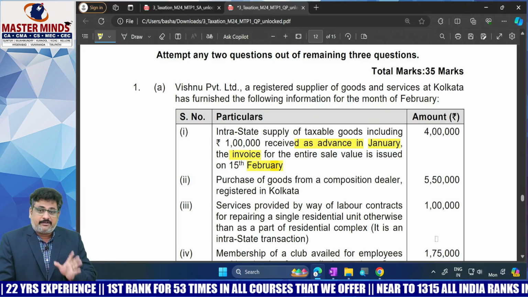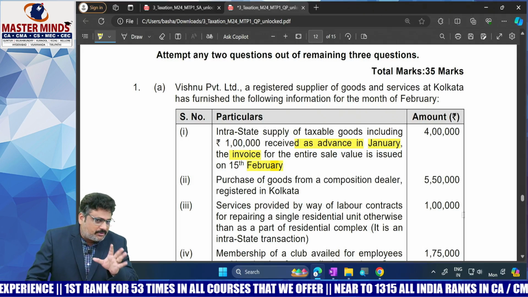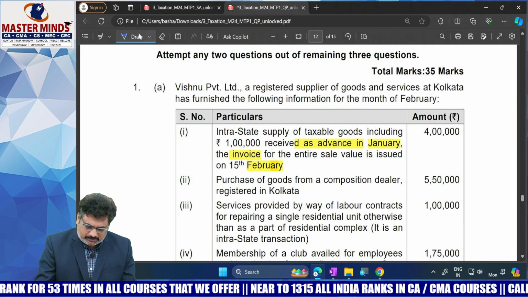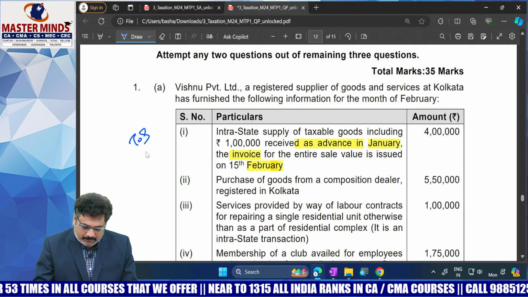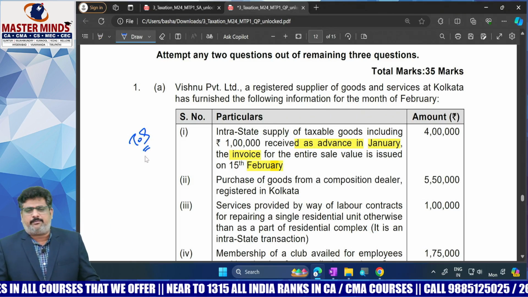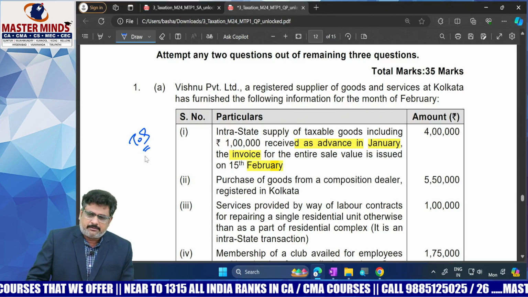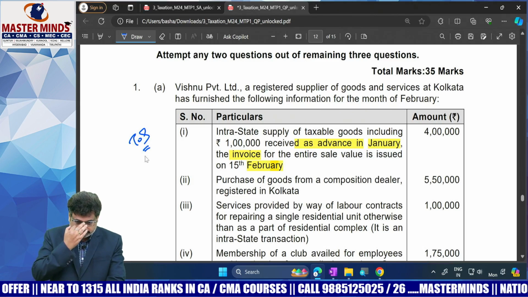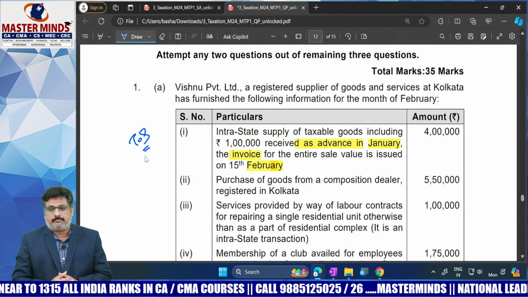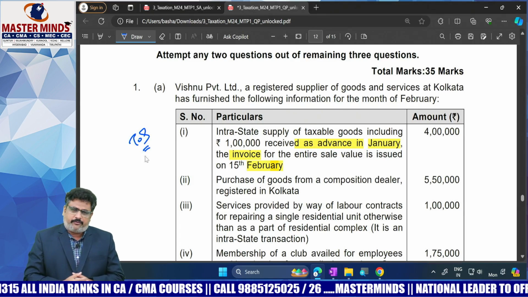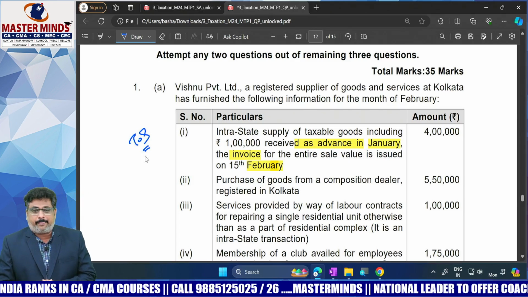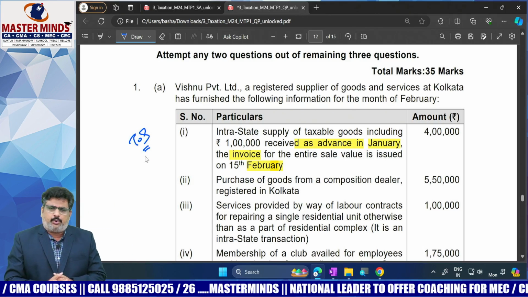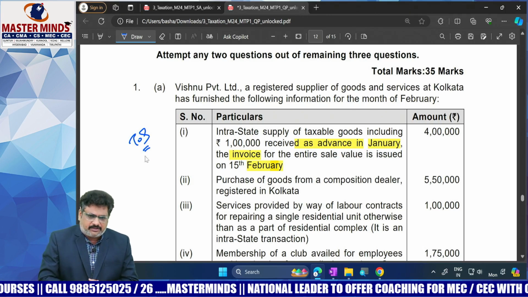Ignore the amounts there. That means with respect to goods, what is the concept, ma'am? When advance is there, your mind should focus on time of supply. With respect to time of supply, what is the concept, ma'am, you learned previously? The answer is simple here. At the time of receiving the advance, in relation to goods, you are not liable to pay any GST.